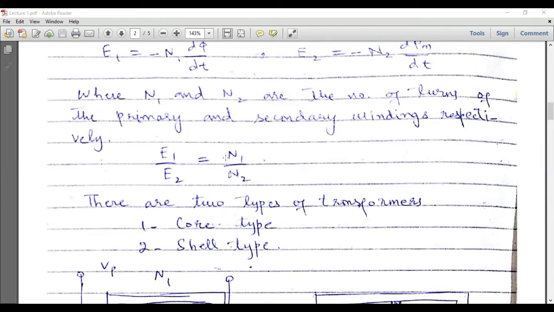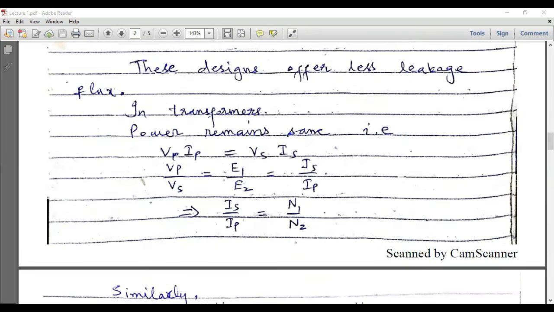So if we have 100 turns at the primary and just 50 turns at the secondary, and if we apply 230 volts at the primary, then we will get 115 volts at the secondary. Since the number of turns at the secondary side is half, we will get half voltage.